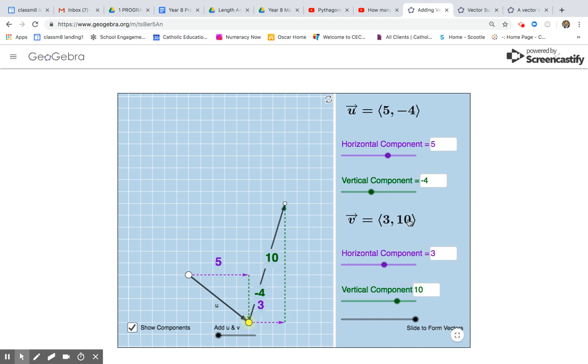Minus 4 plus 10 would be 6. So if we were to add those two vectors, it would be this vector here, the first vector plus the second vector, and that's how we add them. So the resultant vector would be 8, 6. How do we get 8, 6? Well, you've got 5 plus 3 is 8, minus 4 plus 10 is plus 6, so 8, 6.